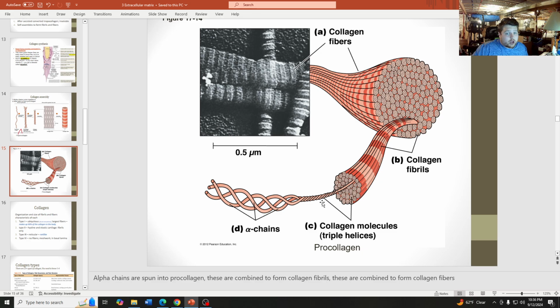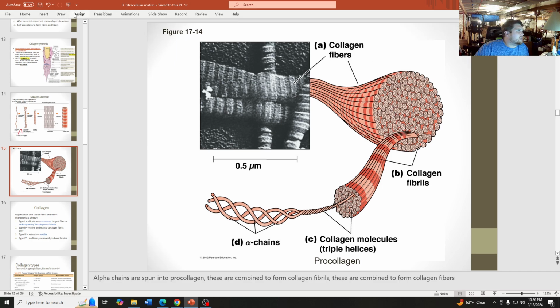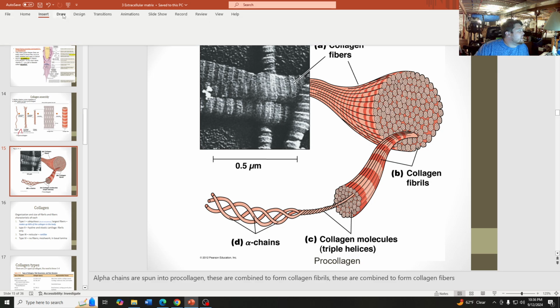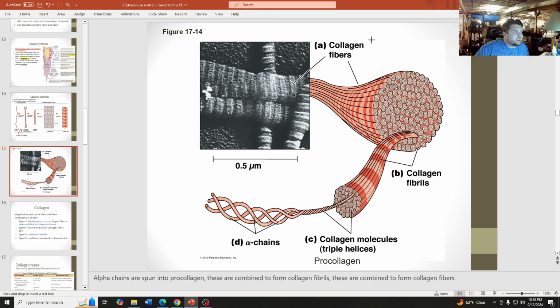And then from pro-collagen, we combine a bunch of pro-collagen together to form collagen fibrils. And then we put a bunch of collagen fibrils together to form collagen fibers. It's collagen fibers. The word fiber is often also associated with the word cell.